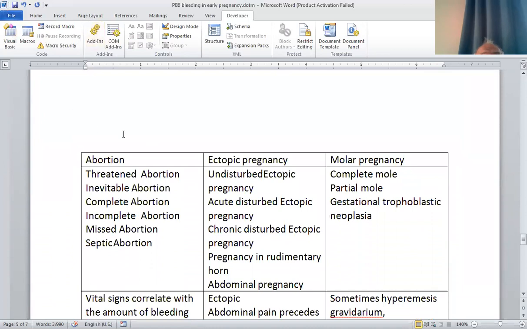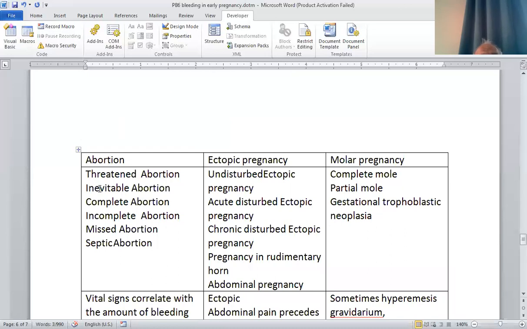Now we have to differentiate between abortion and ectopic and molar pregnancy. In abortions, we have different clinical presentations: threatened abortion, inevitable abortion. In threatened and inevitable abortion, the size of the uterus is equal to the gestational age. In threatened abortions, the internal os is closed and the fetus is living. In inevitable abortions, the internal os may be open or closed.